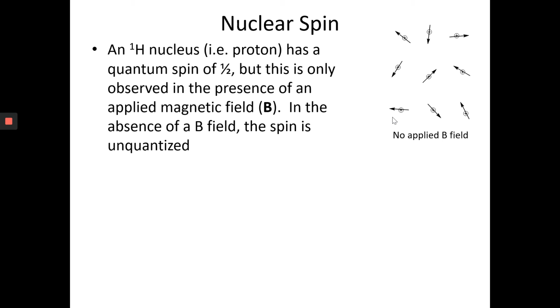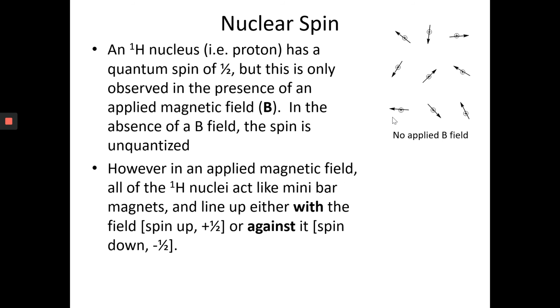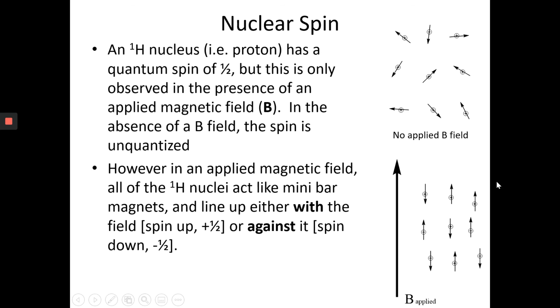If instead you take that sample that has hydrogen in it and you put it inside a magnetic field, so you have either a permanent magnet or an electromagnet, and you put your sample of hydrogen in there, now suddenly all the hydrogen nuclei will act like little mini bar magnets, and they will either line up with the magnetic field in the same direction, we call that spin up or spin plus 1/2, or they will line up against it, and that will be spin down or spin minus 1/2.